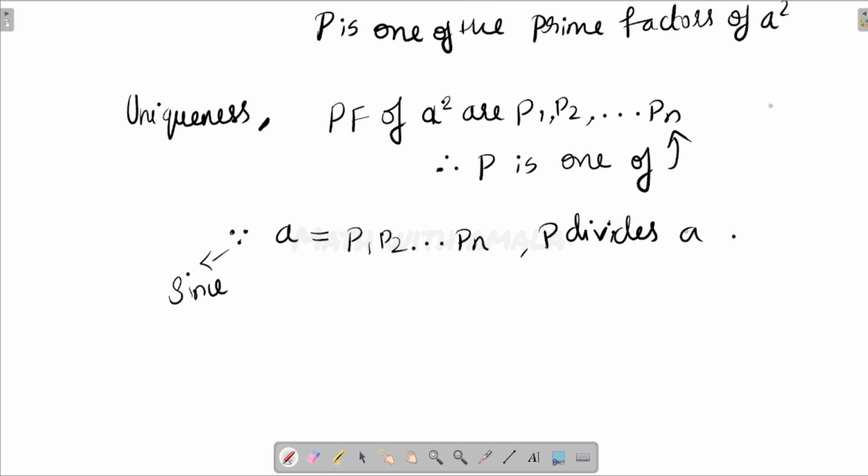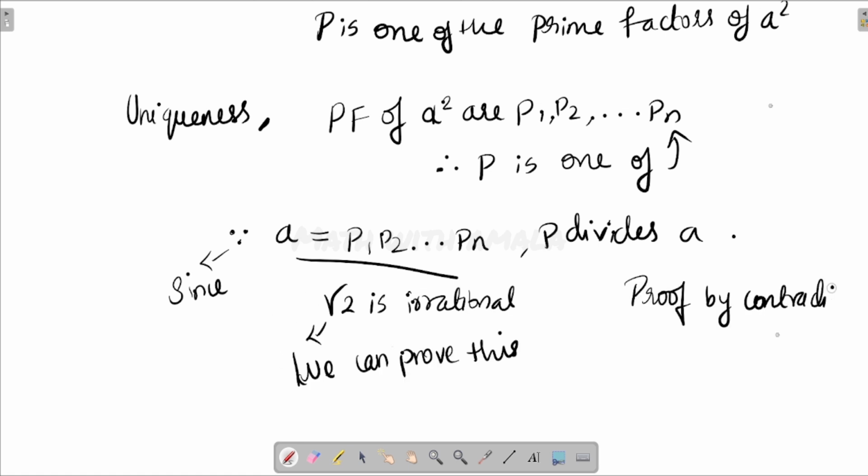Since a is equal to p1, p2, etc. pn, p divides a. The reason is that p is contained already in this p1, p2, etc. pn. So a is equal to p1, p2, etc. pn implies that p divides a. So we have found that if p divides a square, then p divides a automatically.